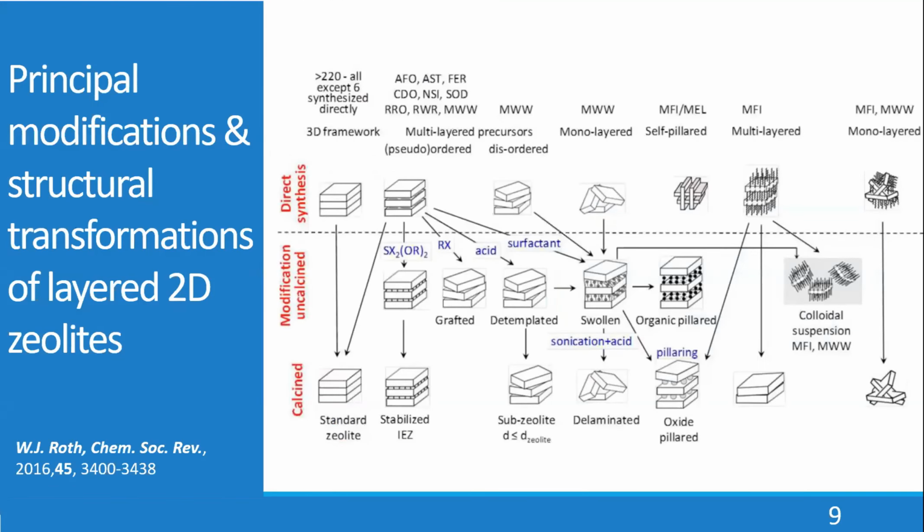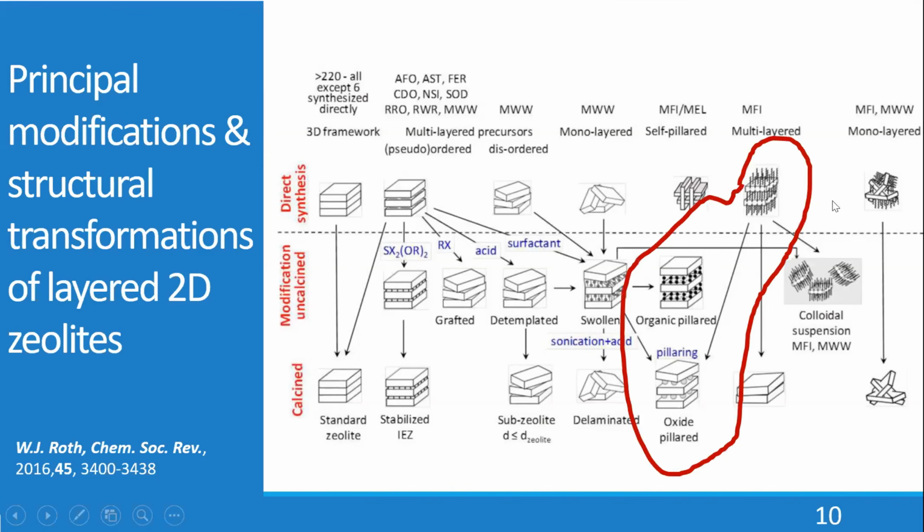And here I move closer to the subject of my presentation: what are 2D or layered zeolites, or pillared zeolites. The pillared zeolites or the layered zeolites consist of zeolitic layers that are normally about 1 nanometer, in fact maybe one unit cell, which are stuck together either just as monolayers, or maybe separated by organic molecules.